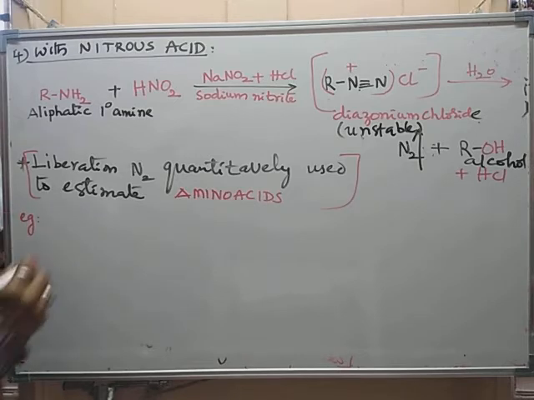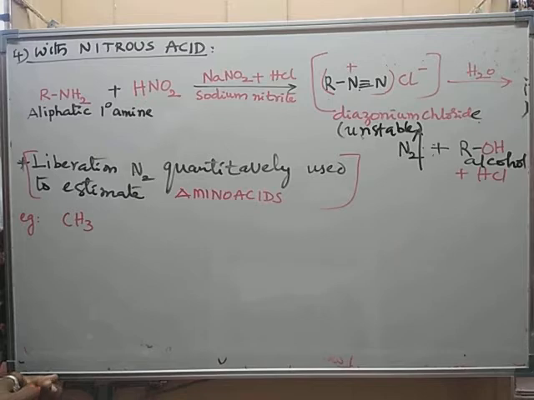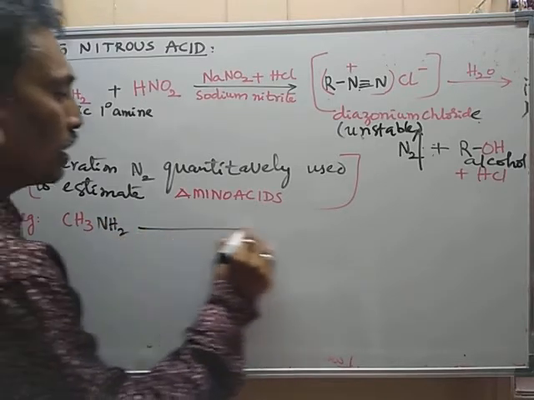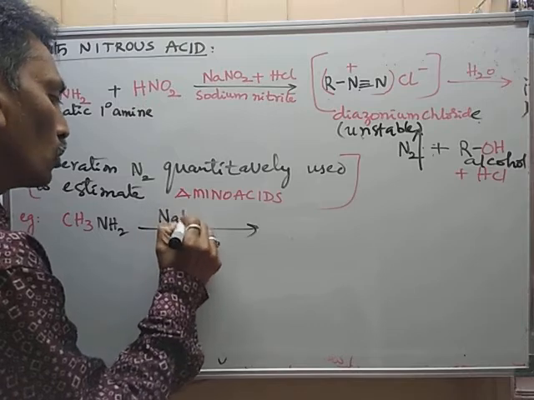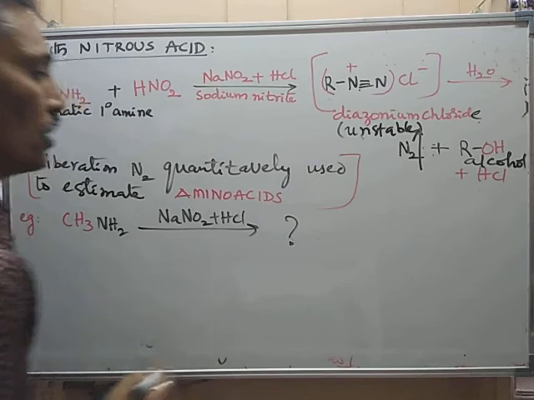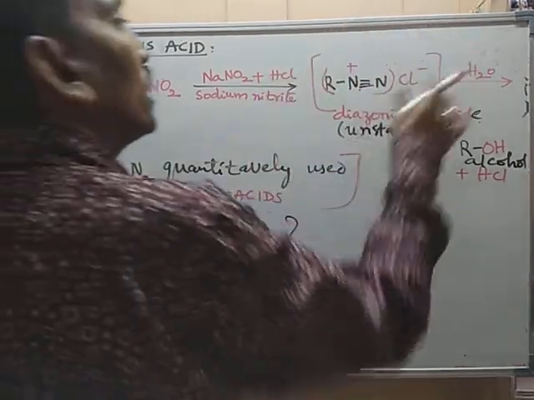Complete the reaction, that is methylamine when treated with NaNO2 HCl. What is the product formed? Name the product is the question. How do you answer? Don't think about the intermediate.